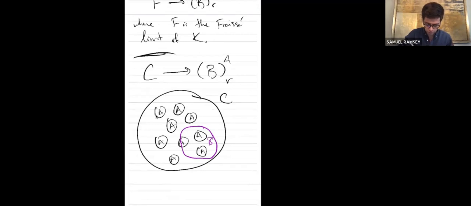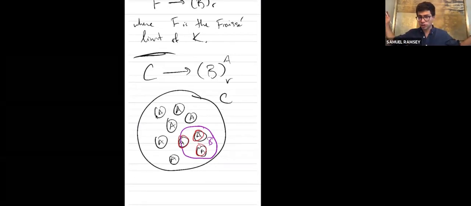Like maybe they're all red. So the C here is like the big structure, and you're coloring all of its copies of A. And then B is like some smaller structure, which is going to be the homogeneous set. This is going to be the structure such that all of the A's sitting inside get the same color. Okay, is this clear? It works just like regular Ramsey's theorem, except now you have structures instead of subsets.